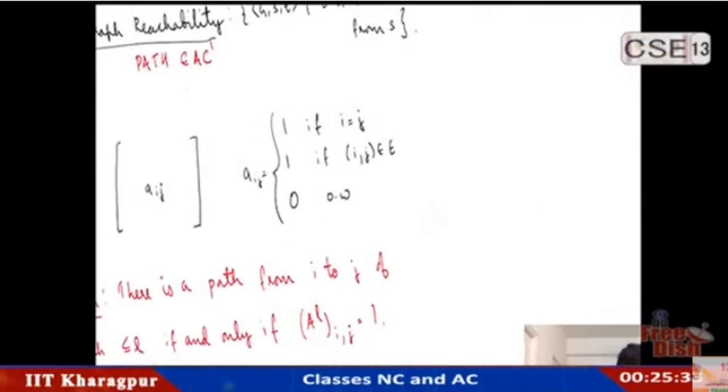Let us first define something like the adjacency matrix. We'll call it A. The ijth entry of A is 1 in two cases. One is if i is equal to j, meaning all the diagonal entries are 1, and two is if there is an edge from i to j.